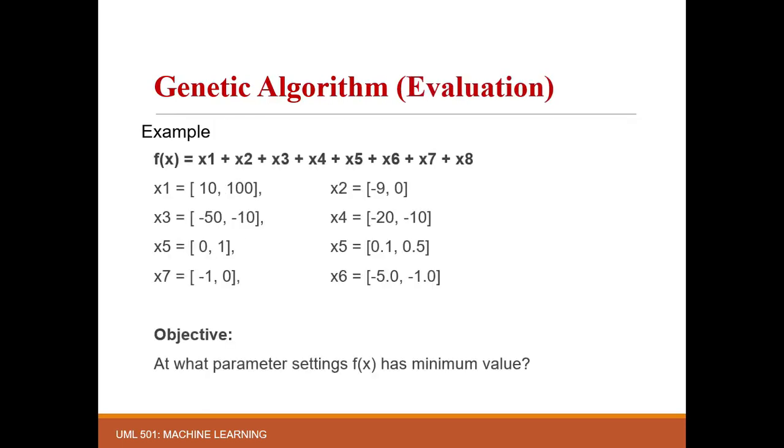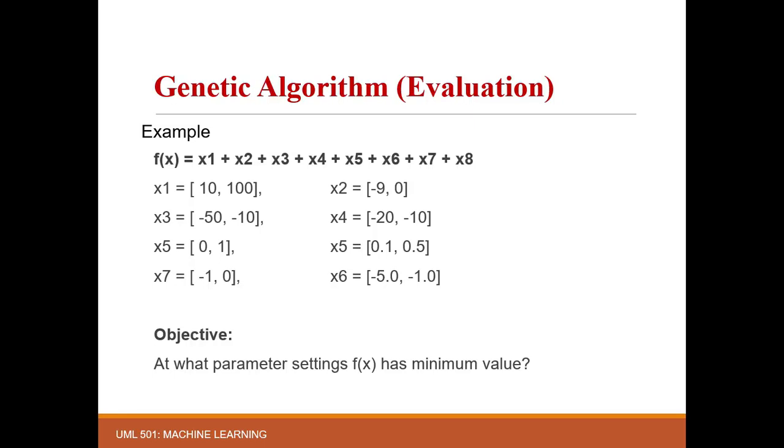Let me show you one example here. We have taken the example of a fitness function. Let's suppose we have a function f(x) = x1 + x2 + x3 and so on up to x8, where x1, x2 up to x8 are parameters, or you can say items, having different ranges. Now the objective of your problem is to find at what parameter settings f(x) has a minimum value.